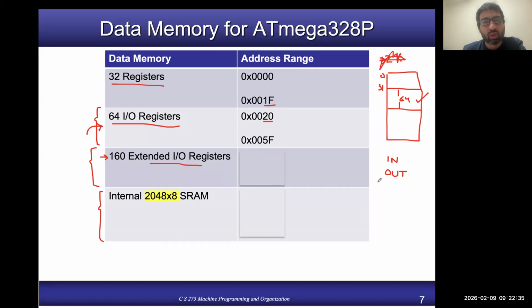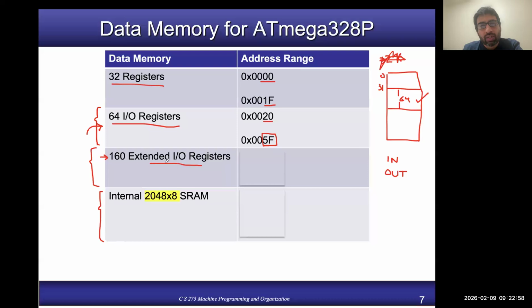You can actually do the math. 32 plus 64 is 96, so the last address is basically 95, which in decimal is 95. When you convert it into hexadecimal, it will be 5F. Why 95? Because the first location has address 0, right? Otherwise, if you add 32 and 64, you will get 96.